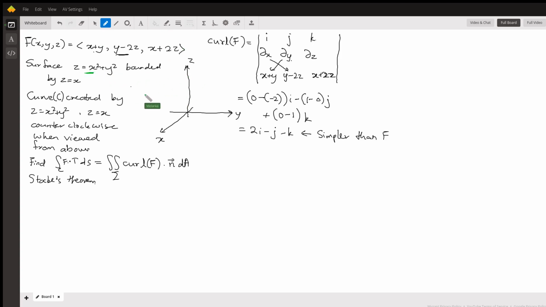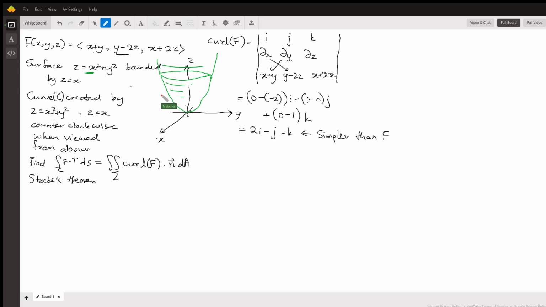This one here, let me draw it in green color, is going to be something like this. So this is like a cup. This will extend all the way up towards infinity, like this whole surface.